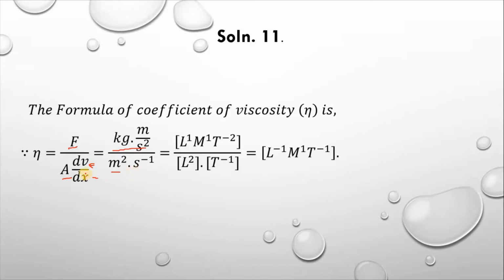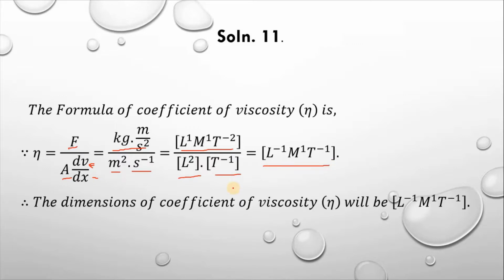Velocity is meter per second and displacement is meter, so only second raised to minus 1 will remain there. Writing the dimensions like this and combining them will give you L minus 1, M1, and T minus 1. So now you have got the dimensions of coefficient of viscosity, that is eta, as L minus 1, M1, and T minus 1.